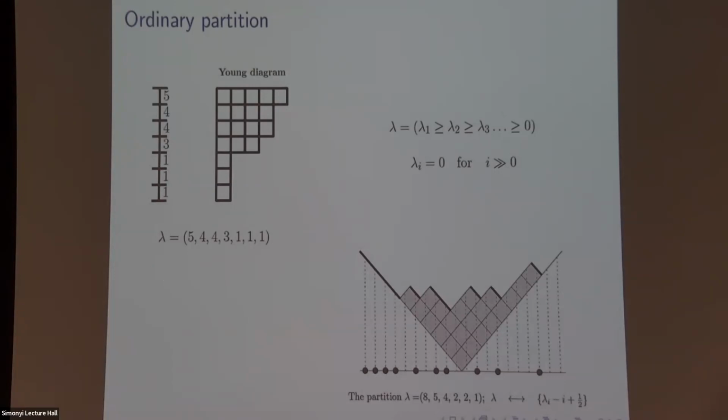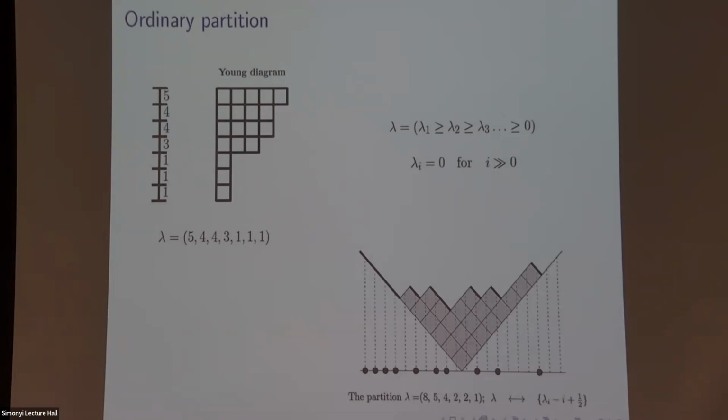And there are many ways to depict an ordinary partition. The most used and known one is called a Young diagram. And what is a Young diagram? You can think about it as a stack of unit squares in the corner such that they stack in a convex way.